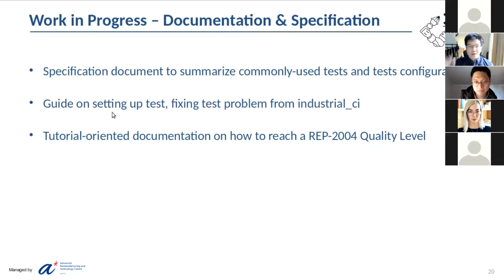Right now, there are a lot of FAQs inside industrial CI. So if you have any problems using it, you can first look at the FAQs, and you can also submit an issue, and the maintainers will be very happy to answer any of your questions.